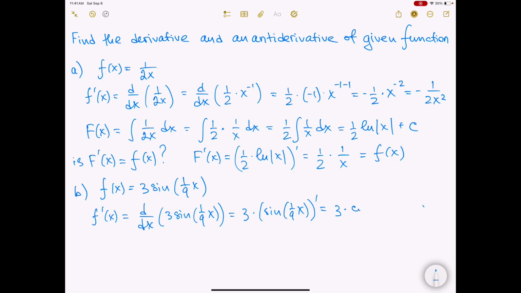The derivative of sine is cosine, and because the argument of the cosine is not just x but a function of x, we have to multiply by the derivative of the argument. The derivative of 1 over 9x is just 1 over 9. Therefore, the derivative of the function f of x is equal to 1 over 3 cosine of 1 over 9x.